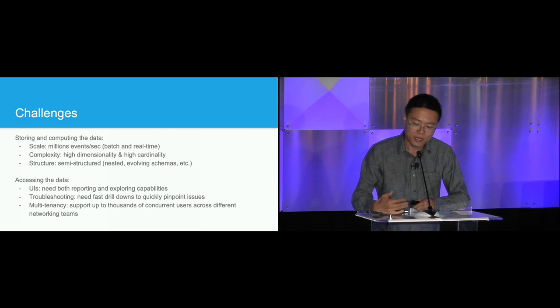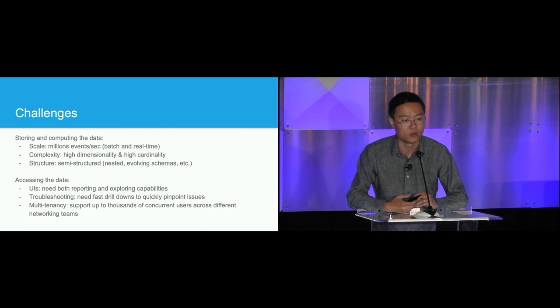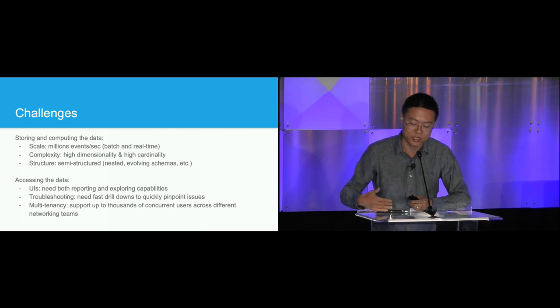Cardinality is the term to describe the number of unique values within a single dimension. So if one of your dimensions is IP address and you have millions of IP addresses and you want to rank them on some particular metric, that can be a very complex, very difficult operation if you have a lot of unique values within a single dimension.